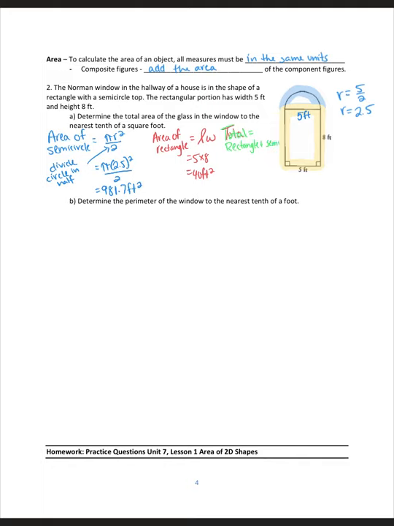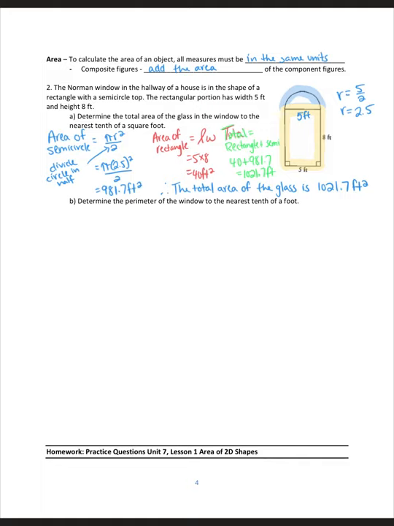Okay, so our rectangle was 40 and our semicircle was 981.7. So we're going to have 1021.7 feet squared. So we can say, therefore, the total area of the glass is 1021.7 feet squared.